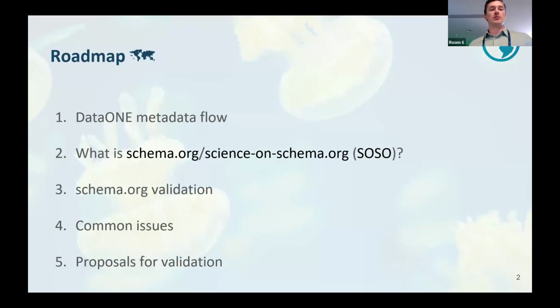We're going to look at the current schema.org validation suite, the SOSO 1.2.3 SHACL shape. And then we're going to go through common issues that Data One sees with science on schema.org data from repositories, and then proposals based on those problems that we see for new validation rules.